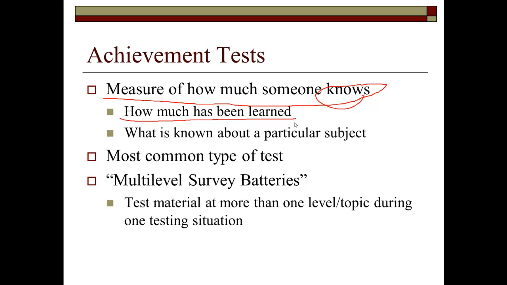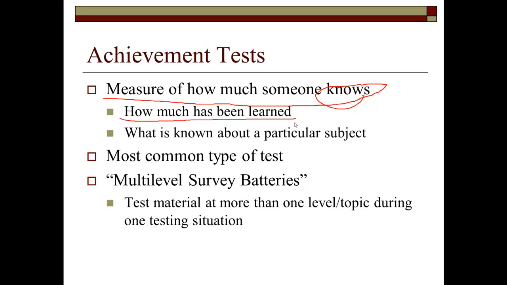Sometimes what we'll do is give achievement tests at the end of an academic school year so that we can find out how much the students have progressed in their courses of study and how much they've learned from their teachers during the school year.